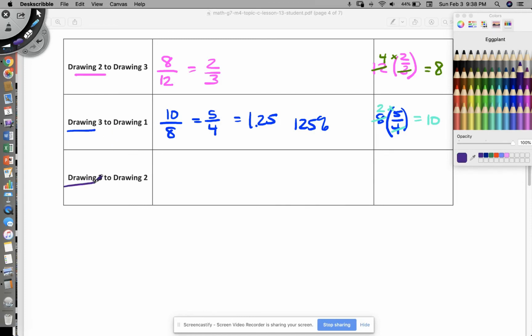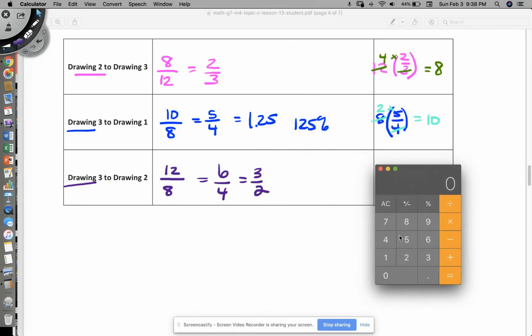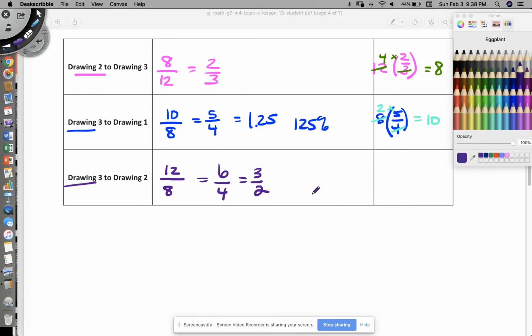Last one, we have 3 to 2. So this is going to be 8 and then 12 on top, which reduces to 6/4, which reduces to 3/2. All right, and if we check that on our calculator again, we have 3 divided by 2, 1.5. So this is 1.5. Moving the decimal 2 places to the right would be 150%.